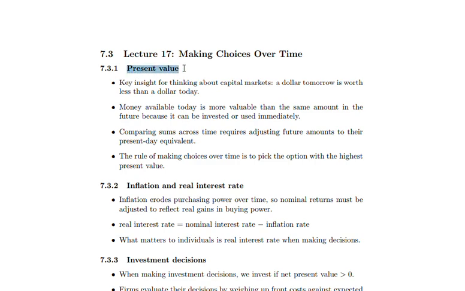Present value. The key insight for thinking about capital markets is that a dollar tomorrow is worth less than a dollar today because of inflation or CPI rises. Money available today is more valuable than the same amount in the future because it can be invested or used immediately.